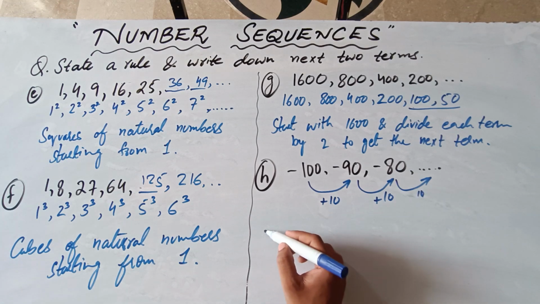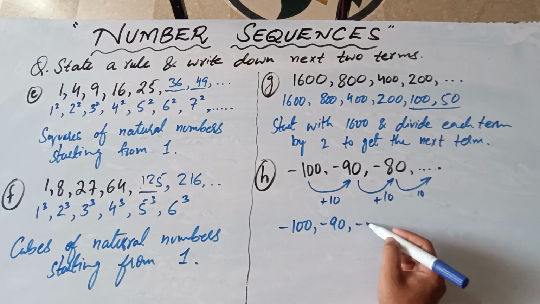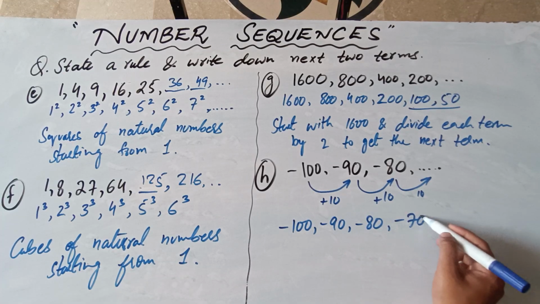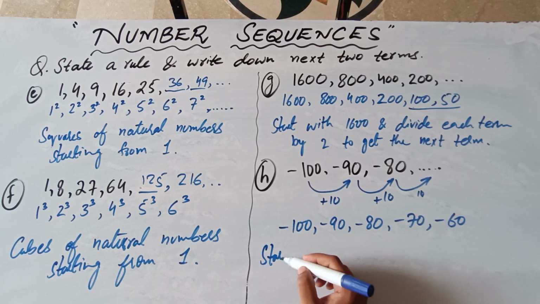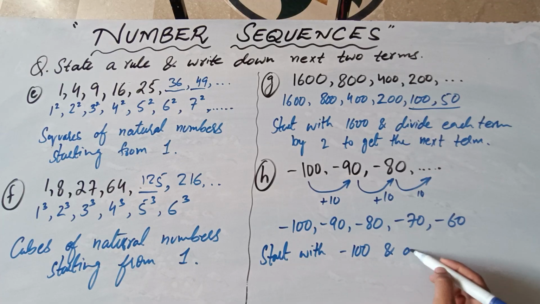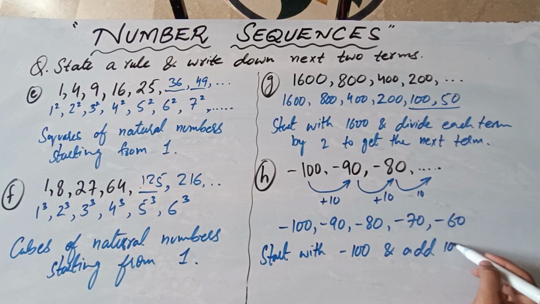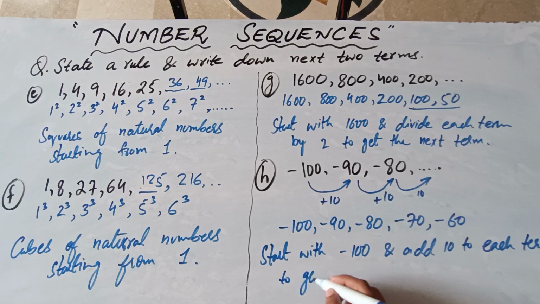So what would be the next two terms? The next two terms would be minus 70 and minus 60. So start with minus 100 and add 10 to each term to get the next term.